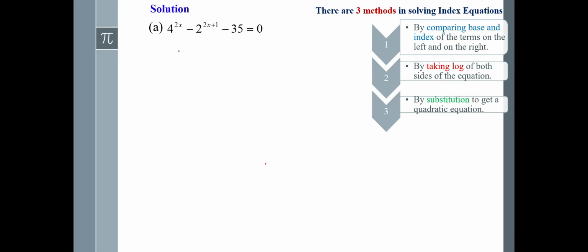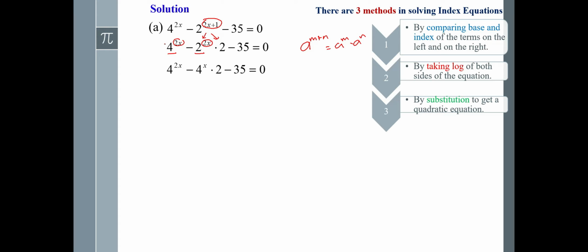Now, to solve this question, first thing is you have to separate the power 2x plus 1. How to separate it is by using the rule of indices, which is a to the power of m plus n equal to a to the power of m times a to the power of n. Next, we have 4. The other bases are just 2. They have the same power, but they don't have the same base.